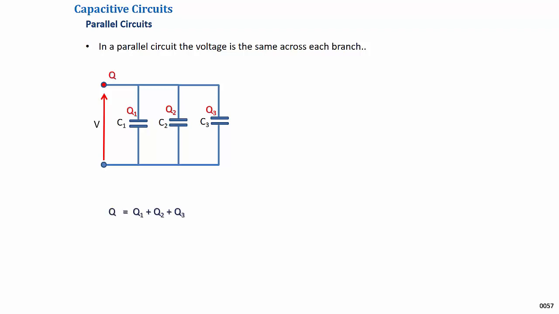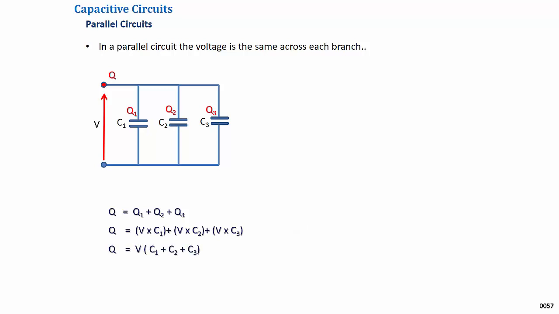By inspection, the total circuit charge Q must equal the sum of charge stored in each branch capacitor Q1 plus Q2 plus Q3. Applying the formula, Q equals V times C1 plus V times C2 plus V times C3.